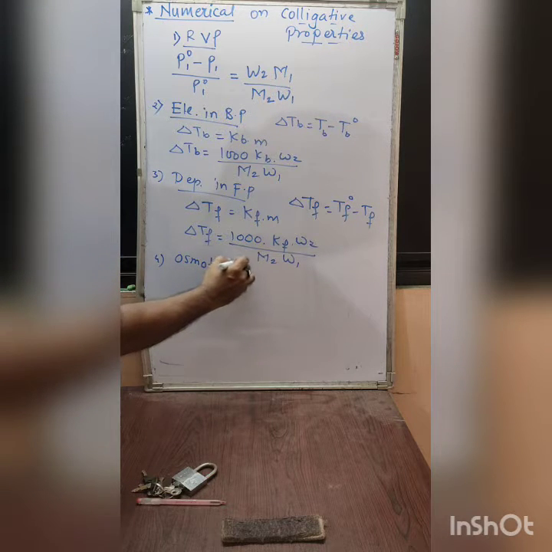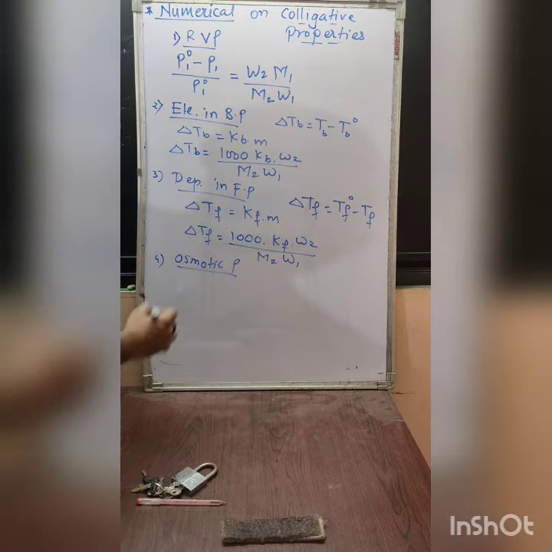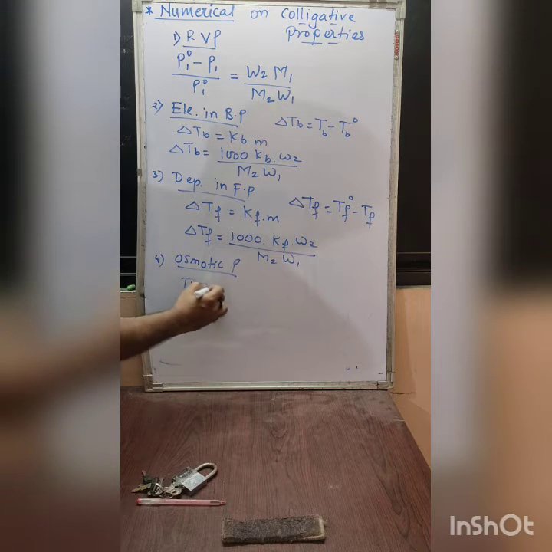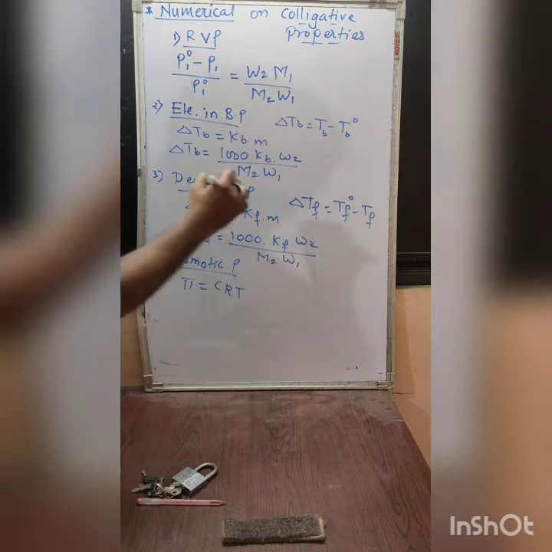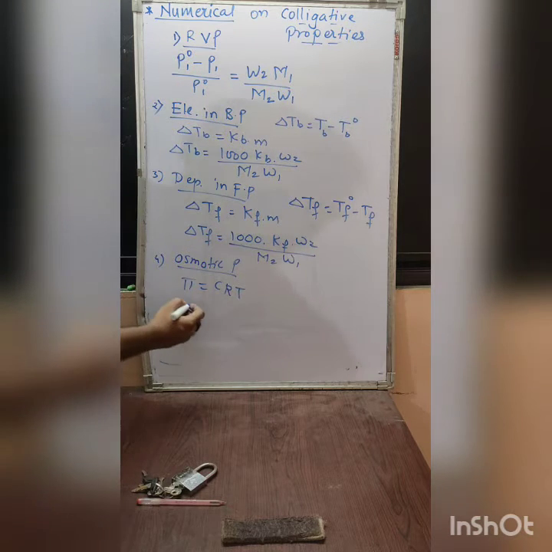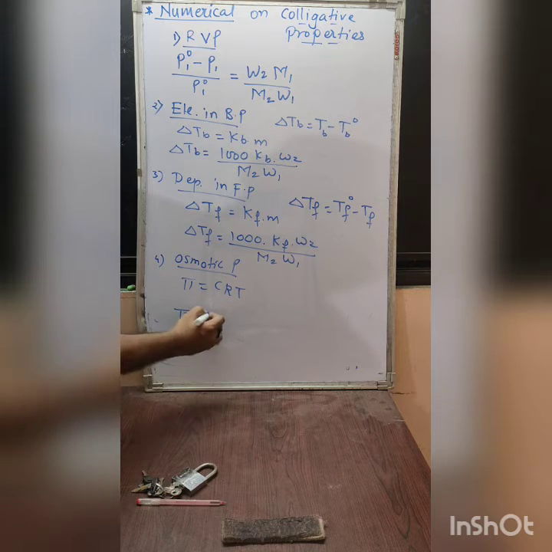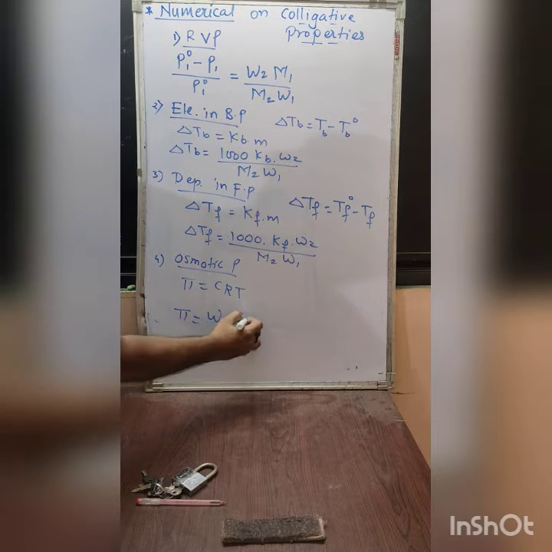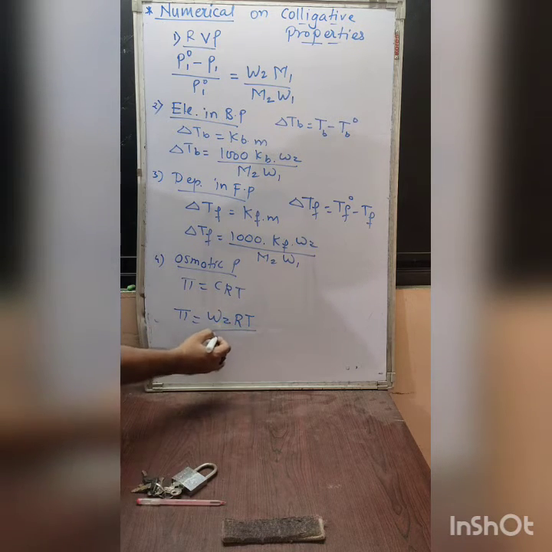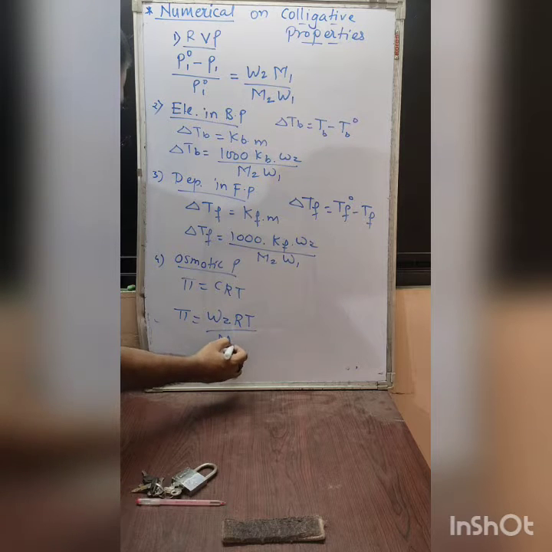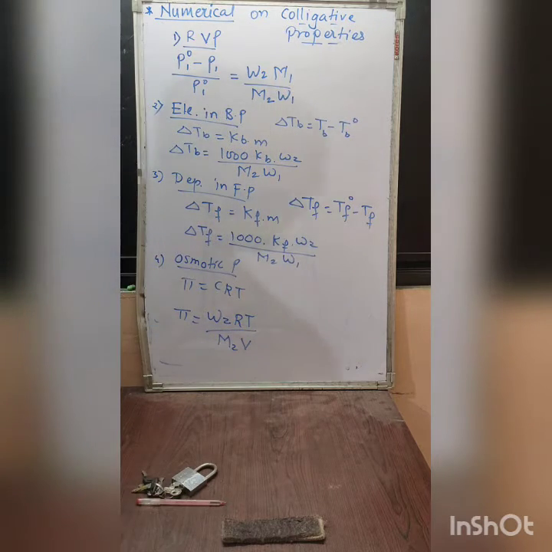Fourth one, osmotic pressure. For osmotic pressure we use pi is equal to CRT. In terms of molar mass, pi is equal to W2RT upon M2V.